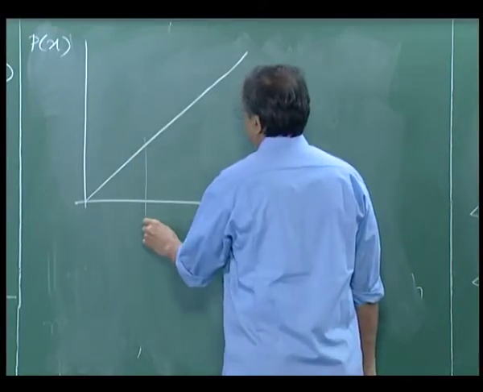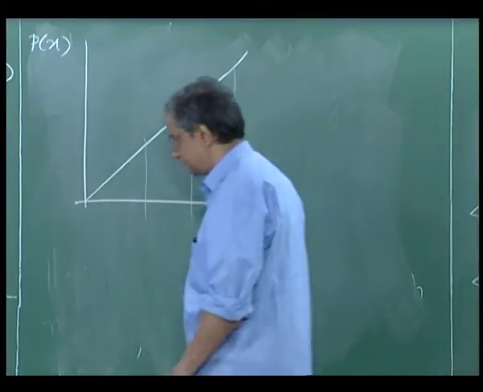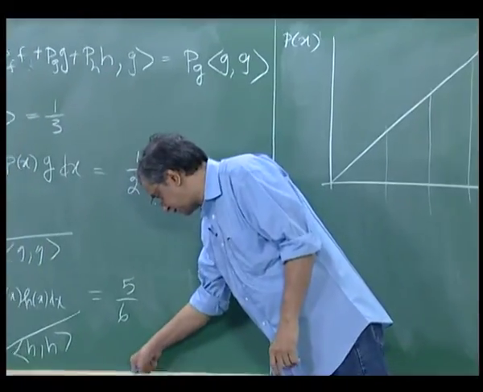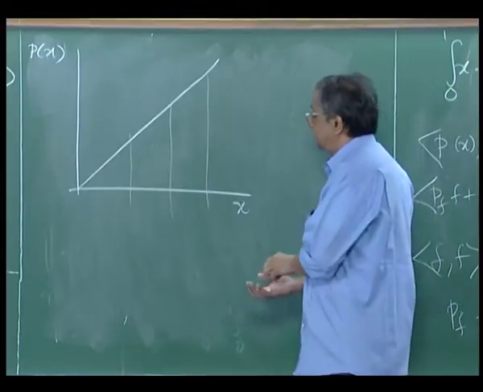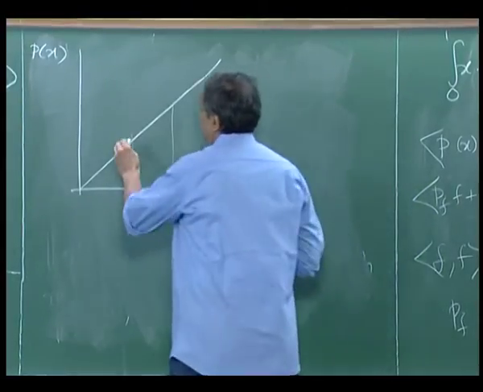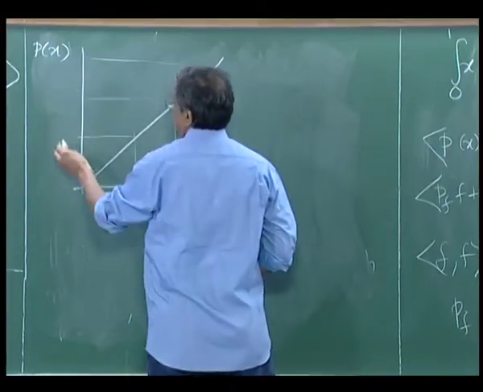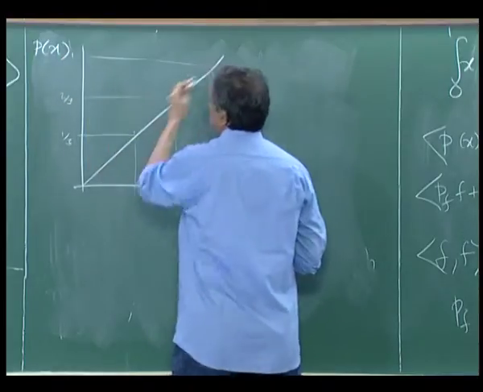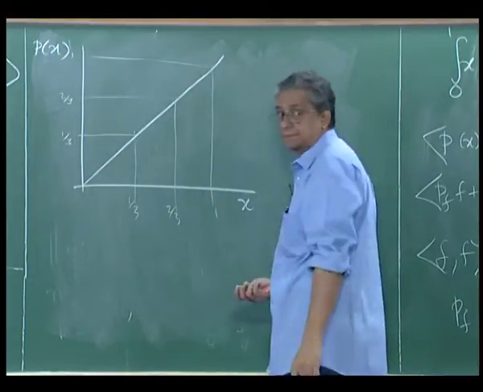We have a representation of the function on those 3 intervals, I will use 3 different colors here, represented by values which are, so this is 1/3, 2/3, 1, it is a 45-degree line, 1/3, 2/3, 1.